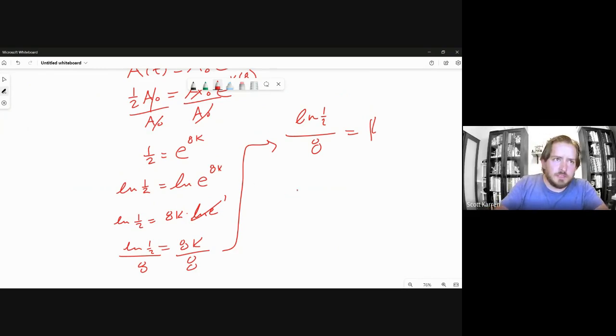So I get k is approximately negative 0.08664, which again, it'll tell you in your problems where to round these. It should, and if it doesn't, then just throw it out to 5 digits or so.